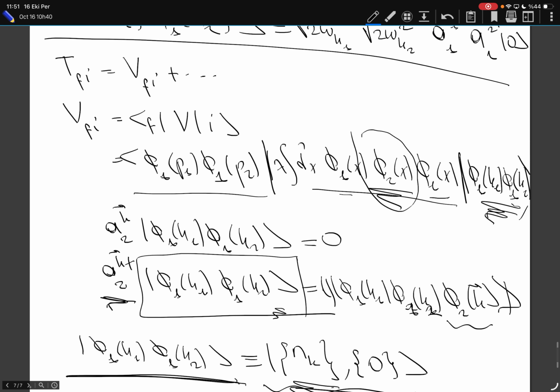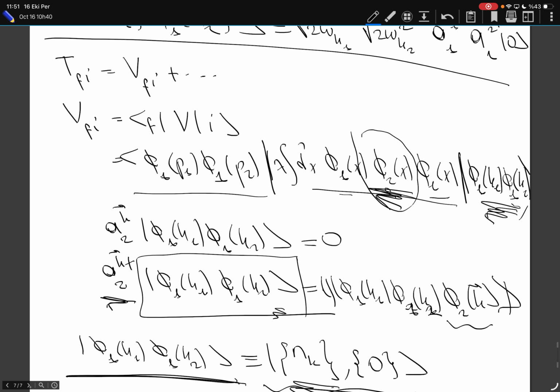Now, if you go back to my matrix element, I just looked at this phi 2. In phi 2, I have parts that will annihilate the phi 2 particle. Well, since I don't have any phi 2 particle in the initial state, all the phi 2 modes are in the ground state. If I annihilate them, I will get 0. And there are also the creation operators for the phi 2 kind of particle.